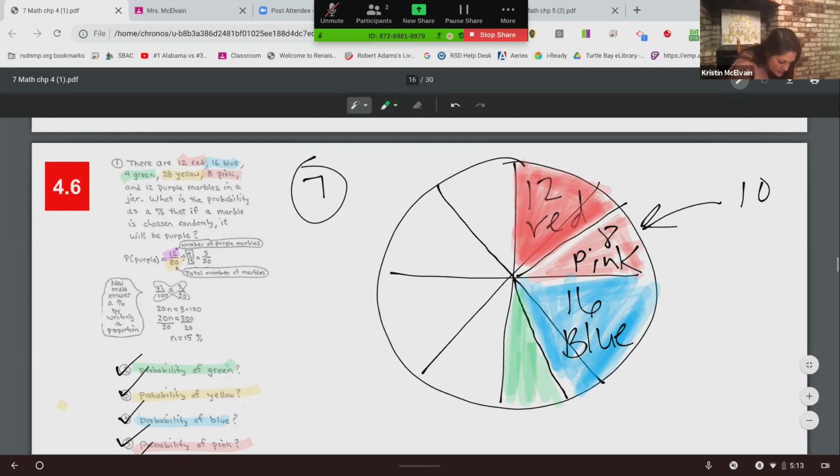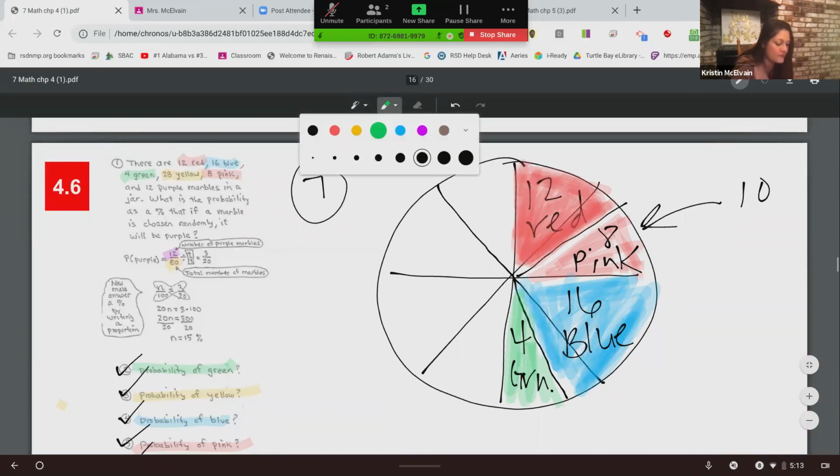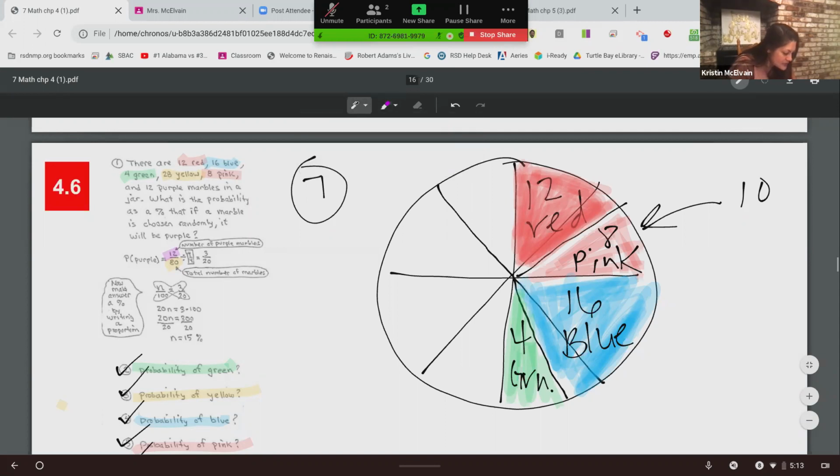Okay, so 4 green, and abbreviate it. Okay, and that means that we have, oh, I didn't do purple. All right, that's what we're missing here. So 28 yellow and then 12 purple. Okay, so let's have our purple is 12. So if that's 10 and 2 more, oops. Okay, so there's our purple.